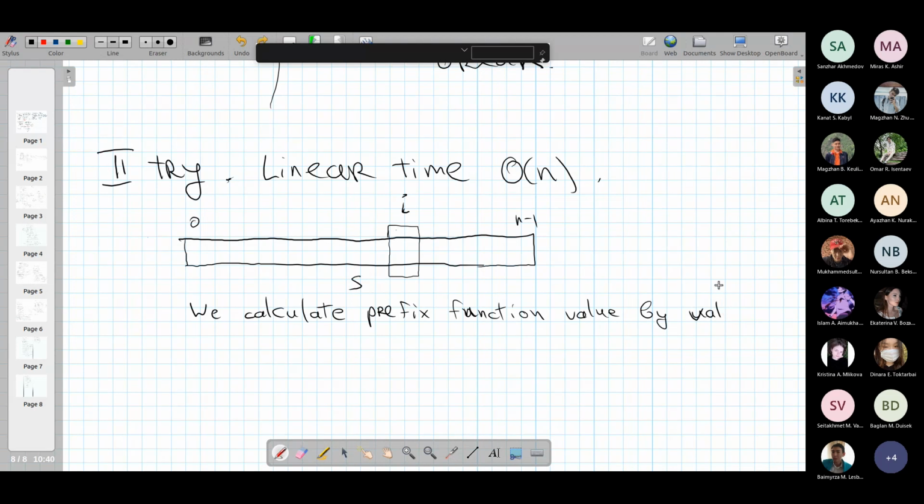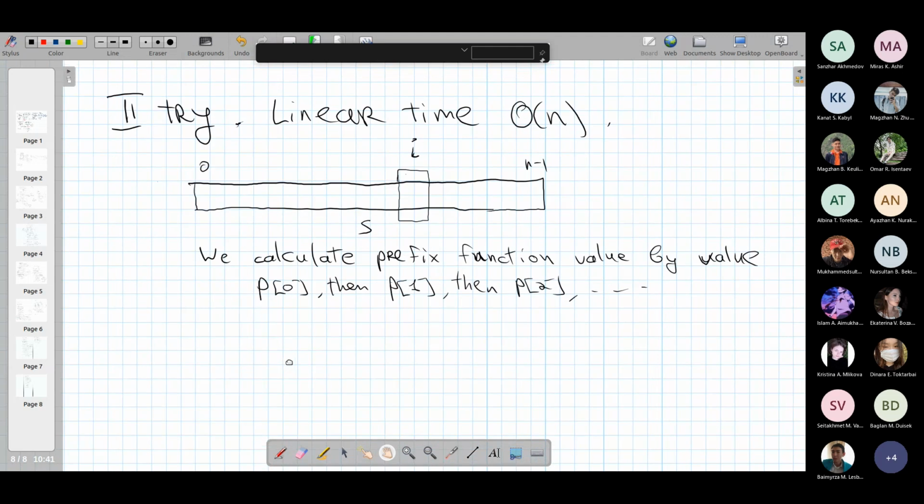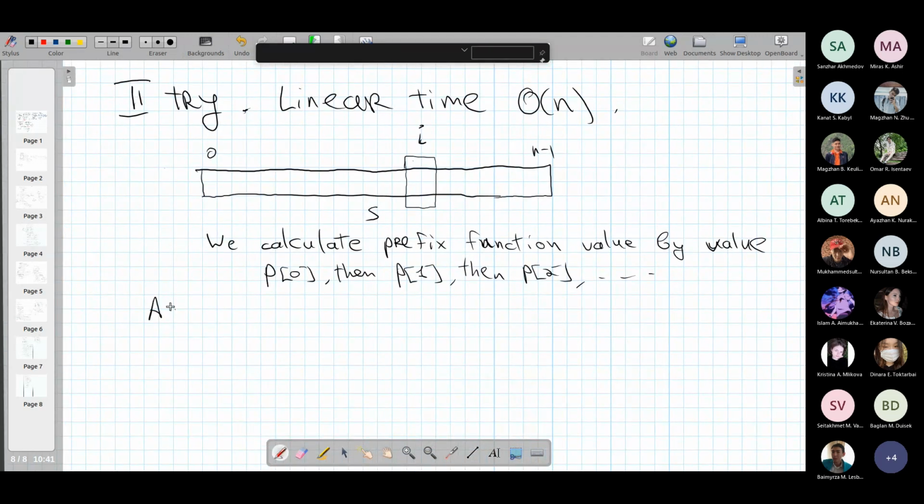I calculate P0, then P1, then P2, and so on. Assume I've calculated P0 to P of i minus 1.